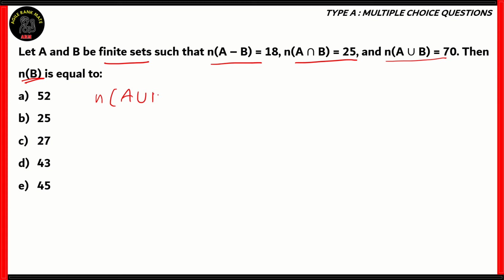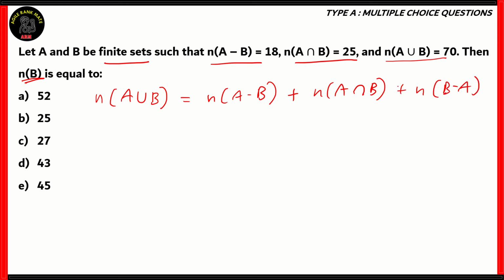Well, the most common formula for n of A union B is n of A plus n of B minus n of A intersection B. However, there is also another formula that we can use. n of A minus B plus n of A intersection B plus n of B minus A, which is basically the same thing as n of A plus n of B minus n of A intersection B. So what we're going to do is find out n of B minus A from this particular formula.